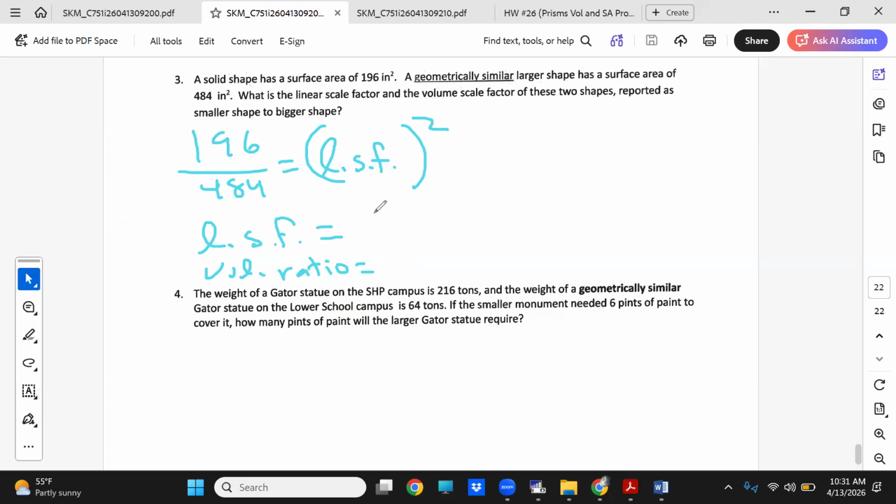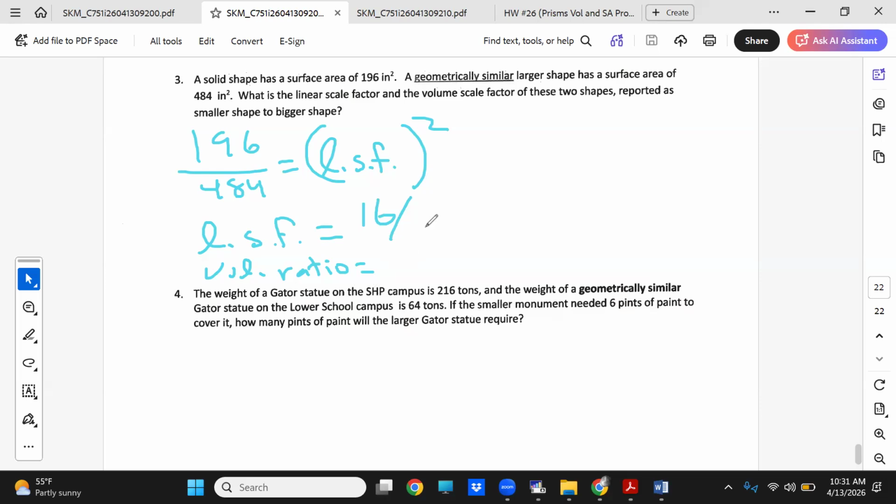What do you guys get for linear scale factor? 16 over, what's that in 484? Is that 22? Someone can calculate that for me.